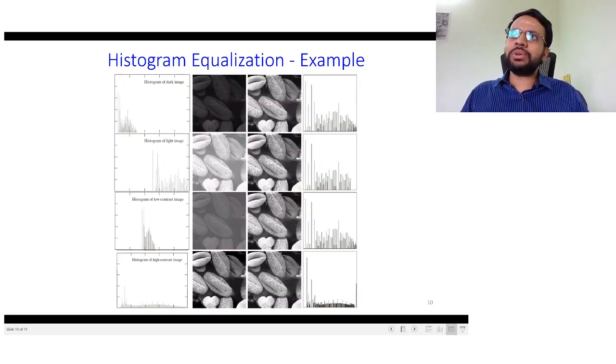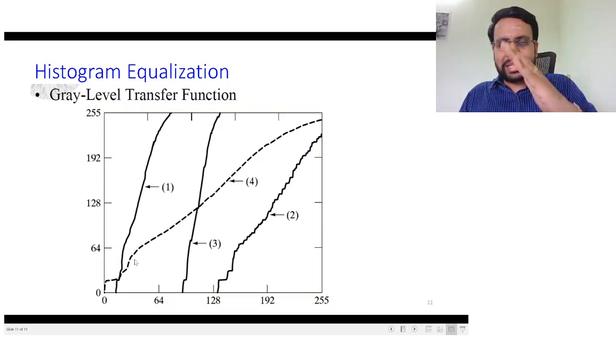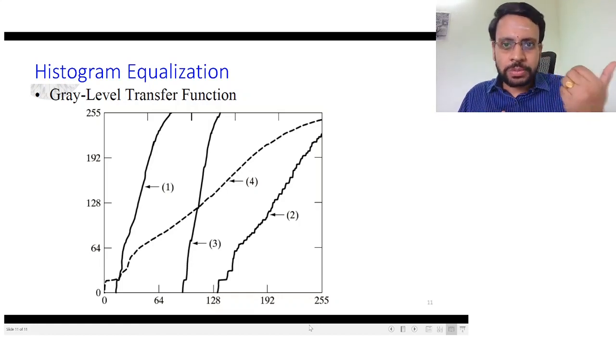I'll just leave you with some questions which I want you to ponder over, and maybe we will discuss them in the next class. One question is the plot for R versus S. You are plotting R on the x-axis, the transformed intensities on the S-axis. What is the nature of this plot?